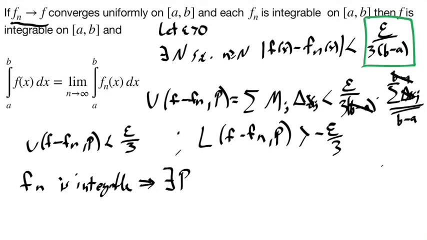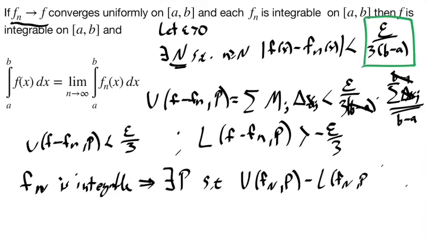Well, fn is integrable means that there exists some partition P, and I'll use capital N here, so f capital N is integrable, such that the upper sum of f capital N over P minus the lower sum of f capital N over P is less than epsilon, but in this case we're going to also make that epsilon over 3.